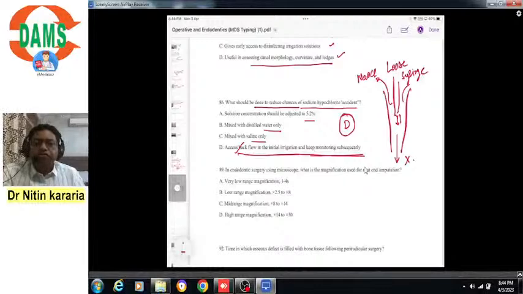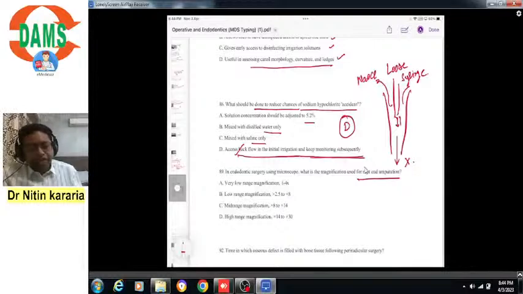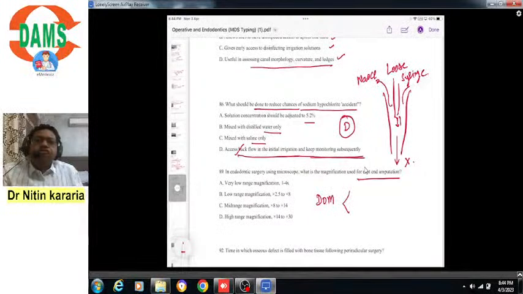In endodontic surgery, while using a microscope, that is microendodontic surgery, what is the magnification used for root end resection or amputation? Root end resection or amputation? See, whenever we use a dental operating microscope, there are three ranges of magnification available: low, medium and high.